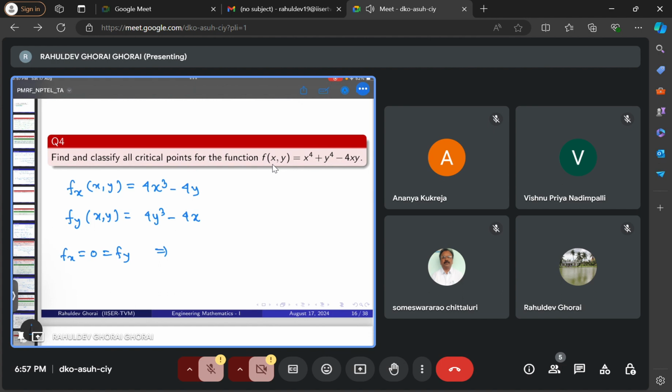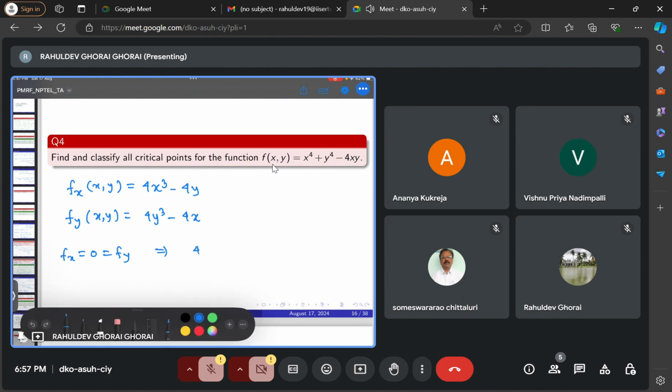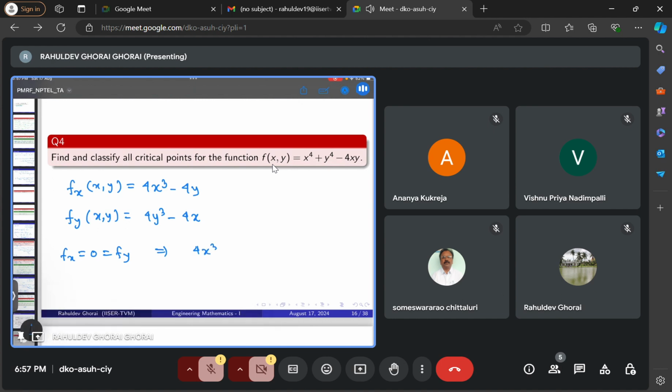So this implies 4x cube minus 4y is equal to 0, and f_y equal to 0 gives 4y cube minus 4x equal to 0. Now this implies that x cube equals y, and this gives that x equals y cube. Okay.